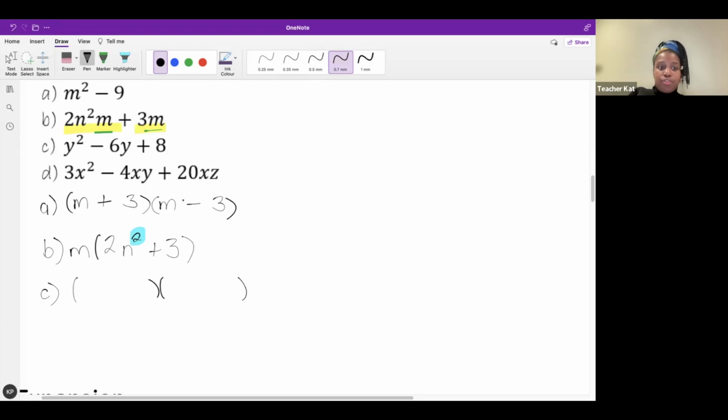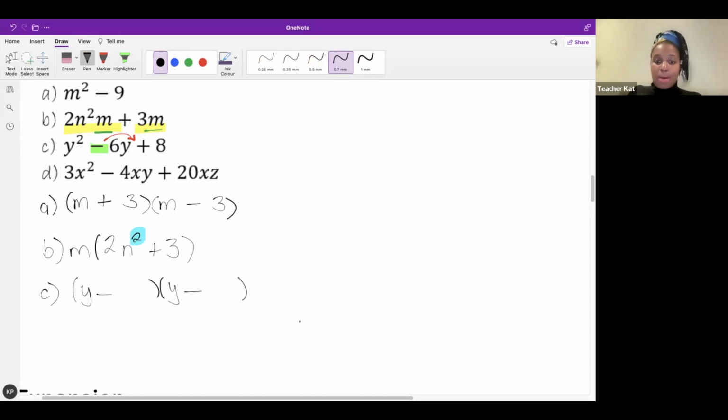What is my first factors? Well, my first set of factors that are going to give me y squared, y, and y. What is my first symbol according to this one over here? A negative. Does that mean I will keep or change the second one? It means change. So then my second one is also a negative.